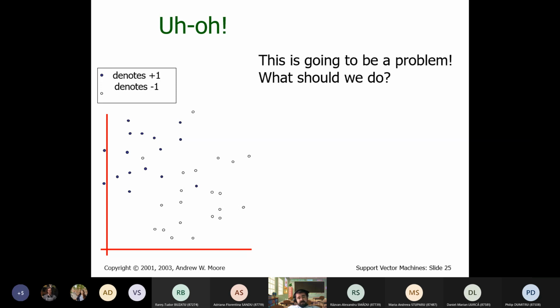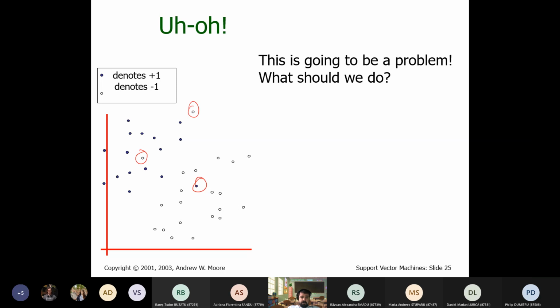So let's suppose that we have a situation similar to the one described on this slide, where we have either some errors in the data, or simply the data is not linearly classifiable.